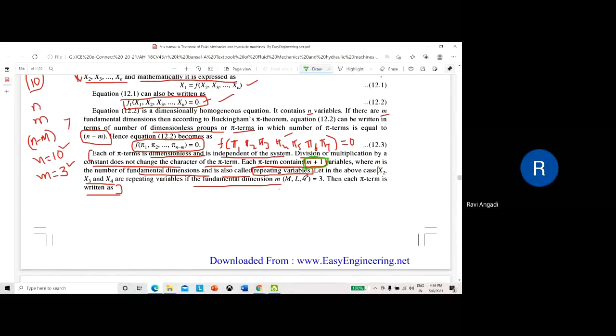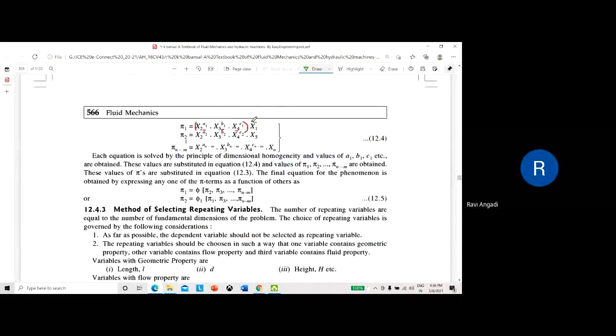Pi terms are 7. M means fundamental dimensions, 3. M I have selected here as x2, x3, x4. How many are there? x2, x3, x4 are 3. Plus 1, plus remaining. That plus 1 means this x1 is the plus 1 term. See, 1, 2, 3, plus 1, x1 remaining.